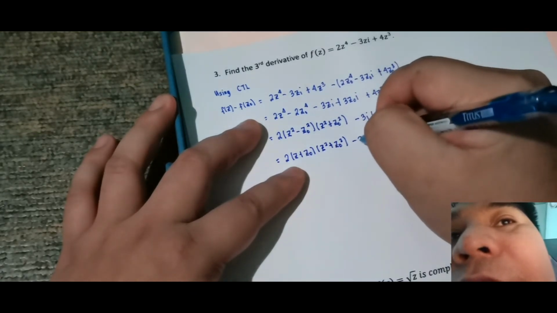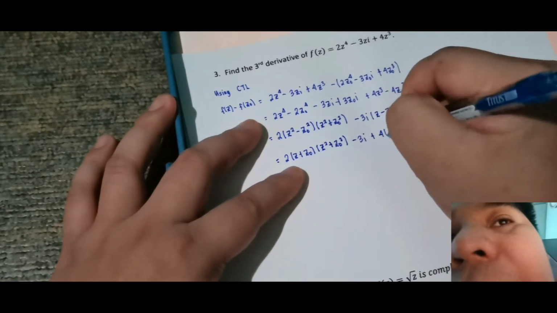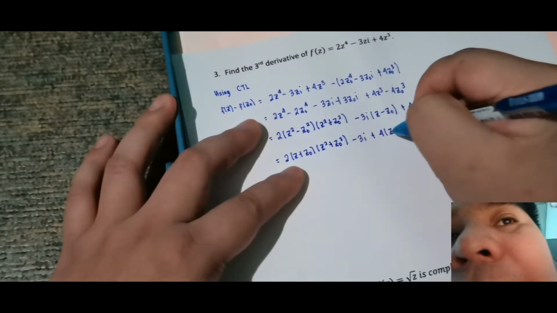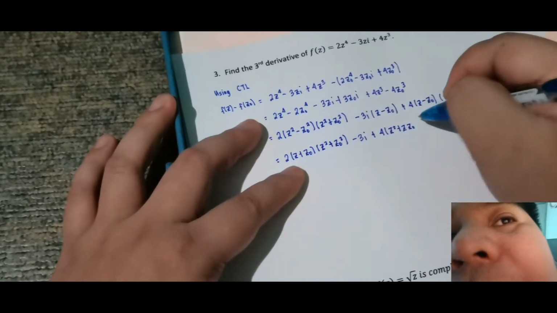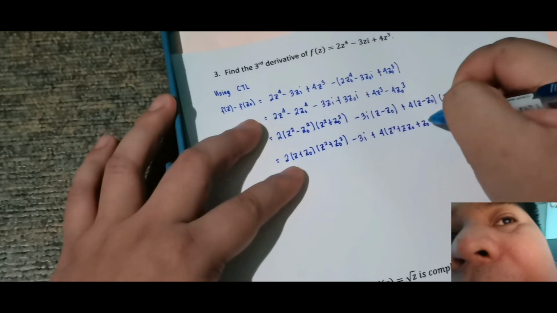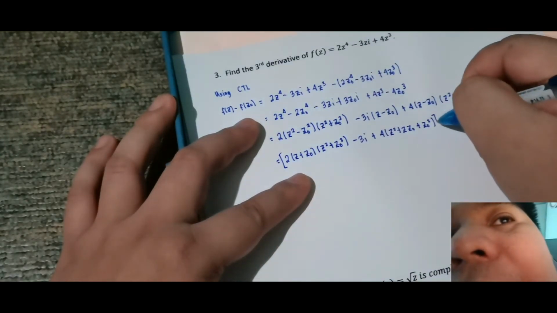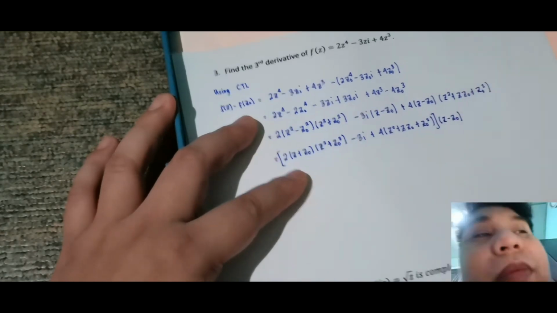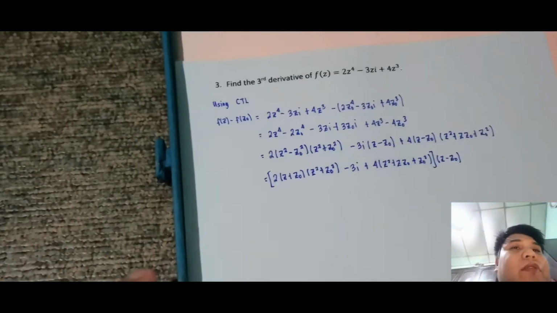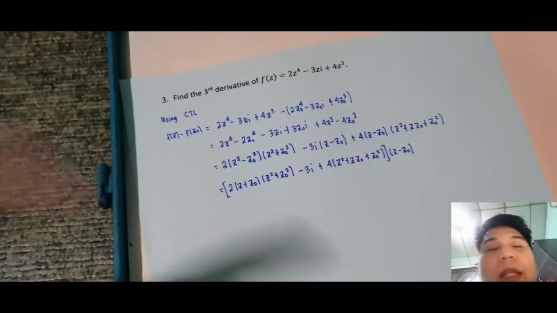Then minus 3i plus 4 multiplied by z squared plus z naught z plus z naught squared. Okay, then itong lahat ng to naka-multiply sa isa dun sa ating z minus z naught.